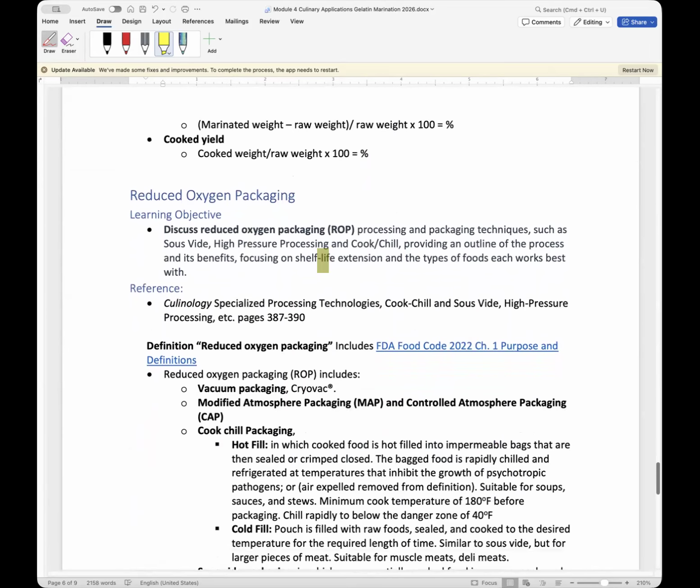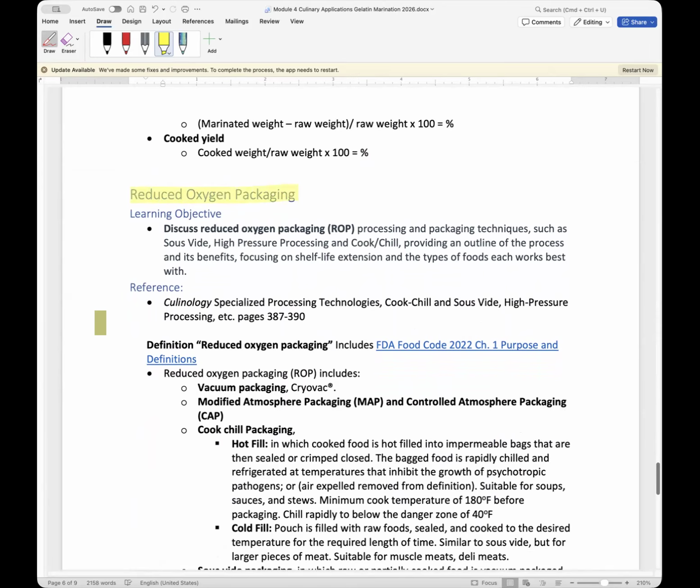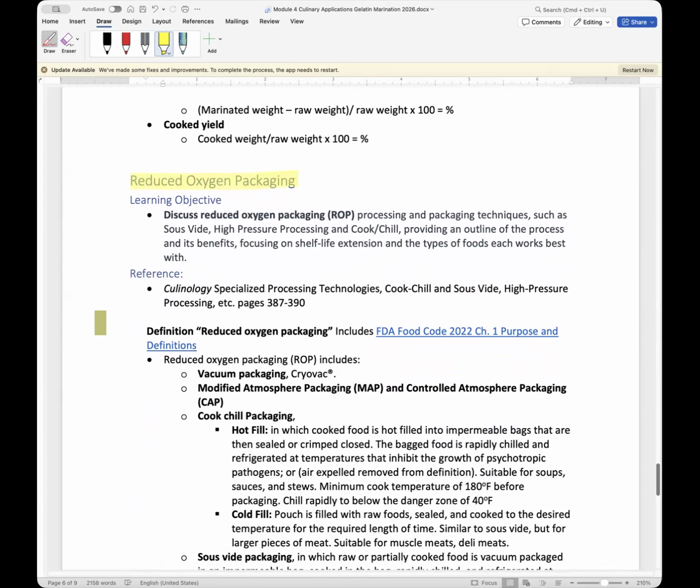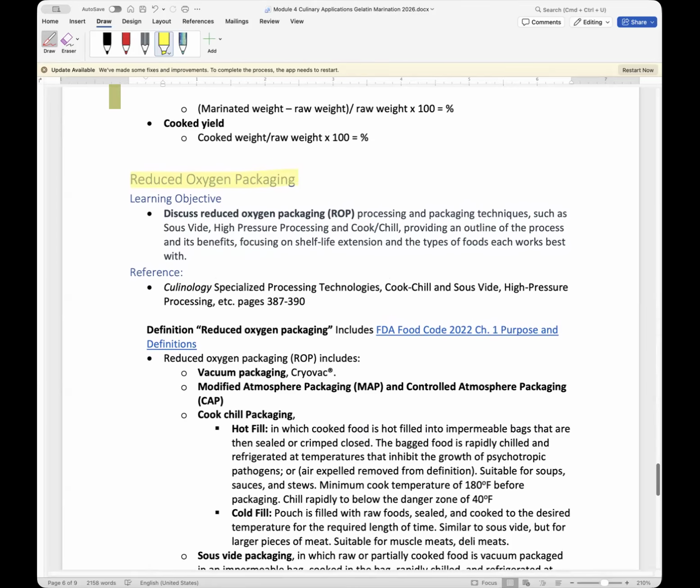So moving on to something easier, right? Reduced oxygen packaging. This is the federal classification. It includes a lot of different technologies: cook, chill, sous vide, high pressure processing. All of these things have one thing in common.